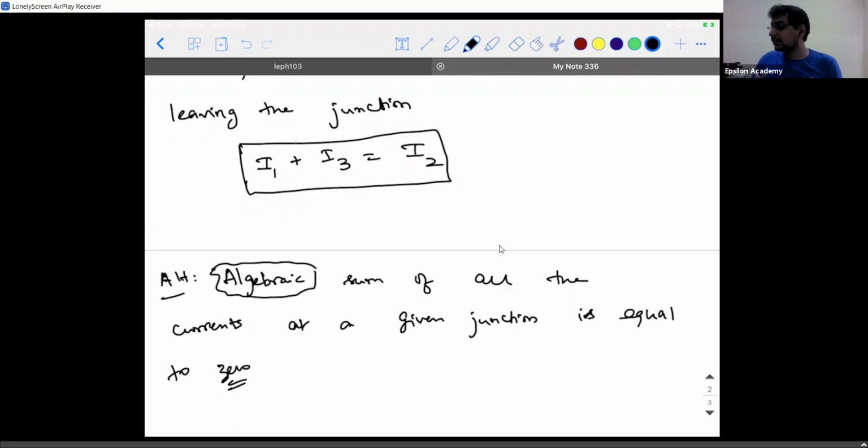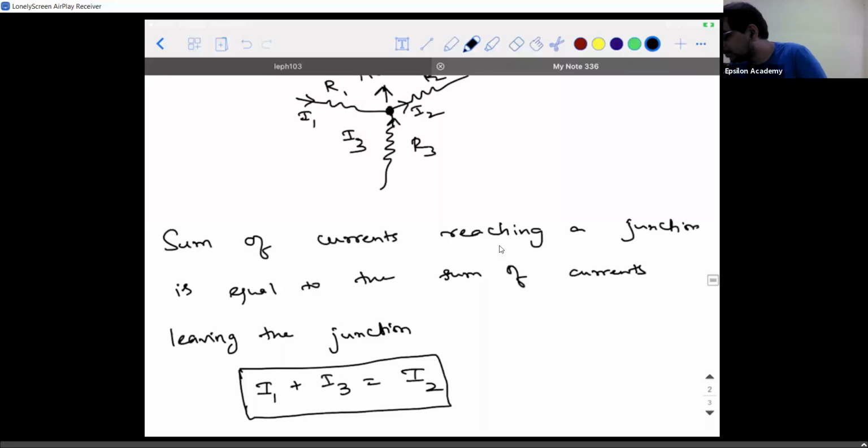It means you are free to choose a sign for the value of current depending on whether it is reaching towards the junction or away from the junction. For example, if you want to say that the current reaching the junction is positive, then the current leaving the junction will be taken as negative.